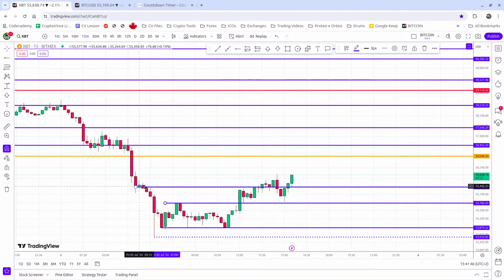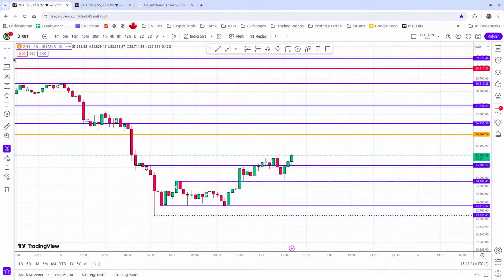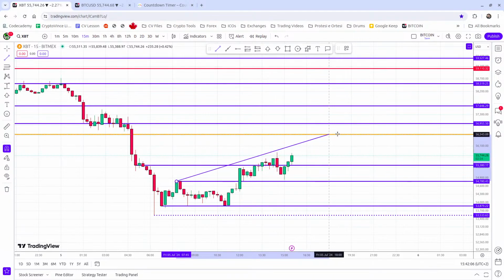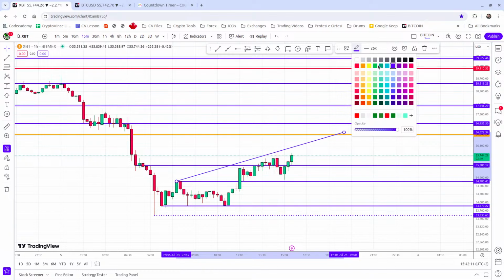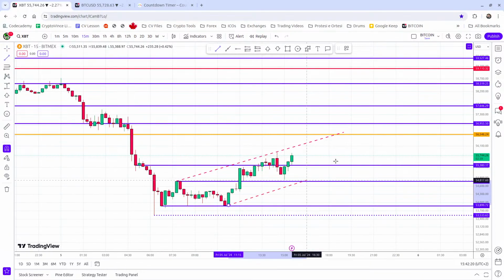Yeah, we have a low here that was broken, so a nice move upward for Bitcoin, to be honest. It's not that ugly, but it's also created a bearish flag. Or a rising wedge.